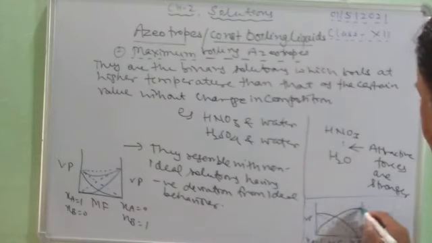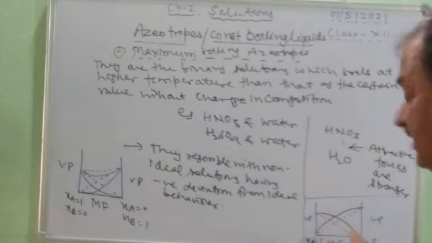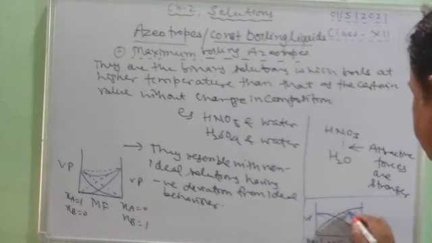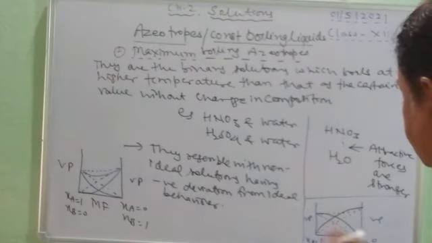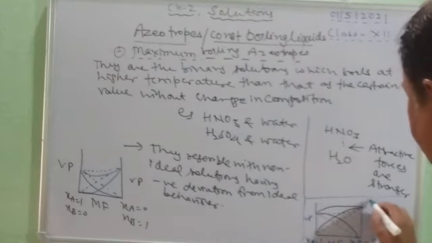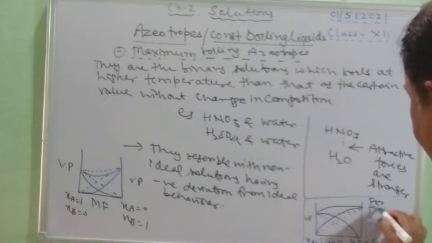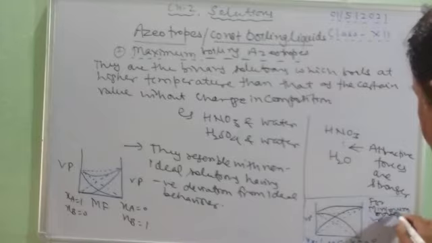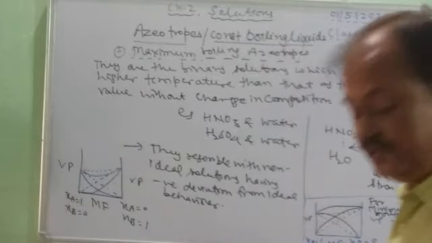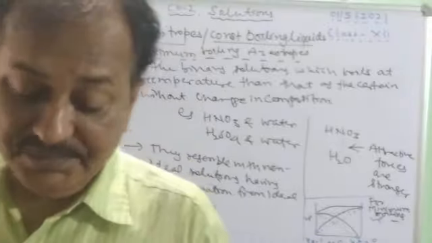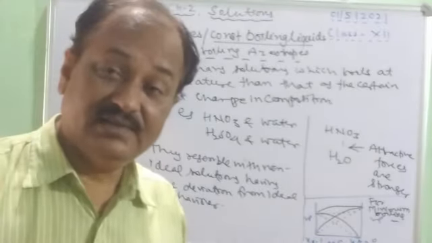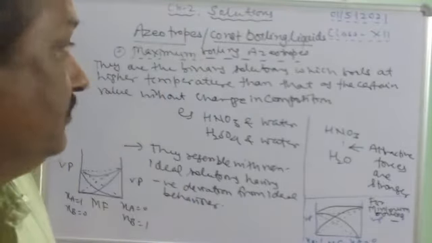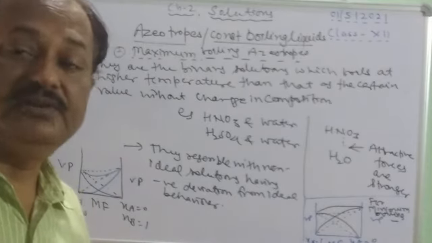These are the vapor pressures of individual components. So this is for the minimum boiling azeotrope. This is how they behave differently from their normal conditions, and this is all about azeotropes and azeotropic mixtures or azeotropic solutions.